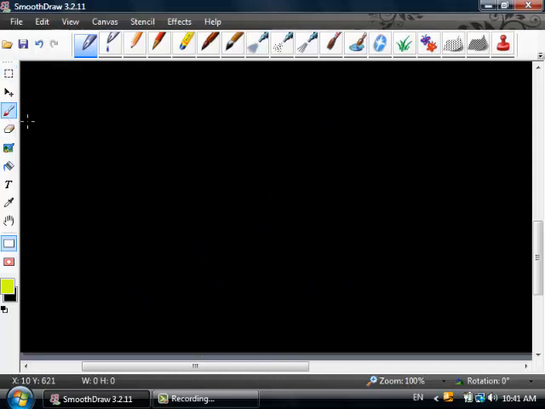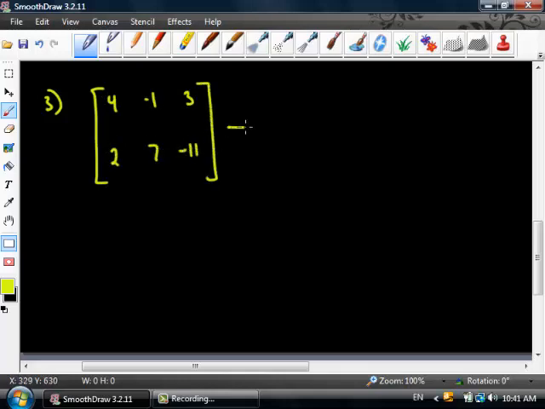Let me give you guys an example here. Example 3. If I give you a matrix that's, say, 4, -1, 3, 2, 7, -11, minus 2, 9, -4, -3, 6, and -14.